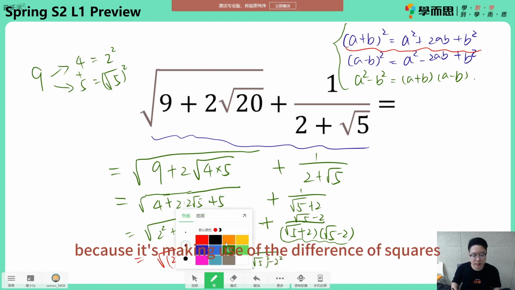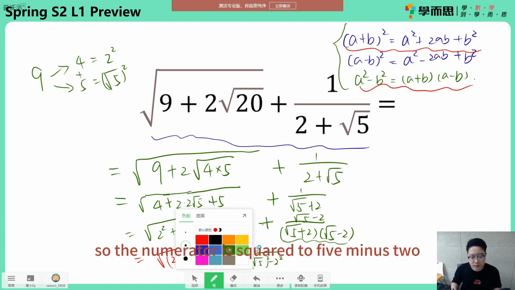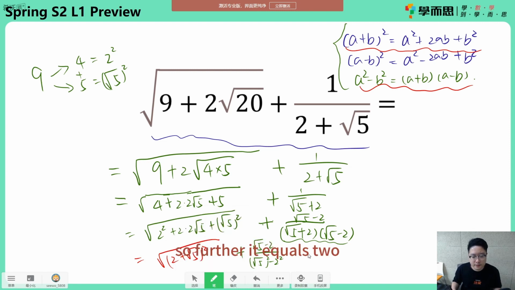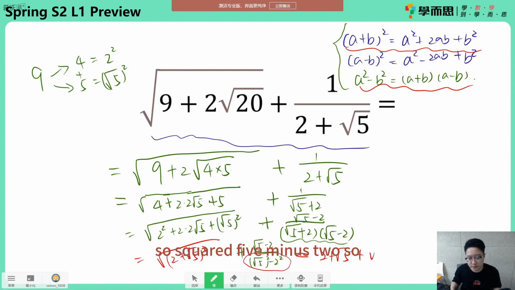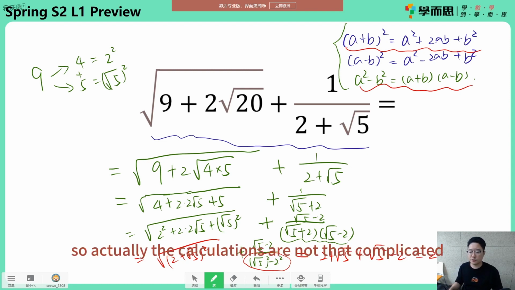Because it's making use of the difference of squares. So the numerator is square root 5 minus 2, okay? So further, it equals 2 plus square root 5 plus, the denominator here, 5 minus 4, equals 1. So square root 5 minus 2. So this one equals 2 square root 5, all right? So actually the calculations are not that complicated.